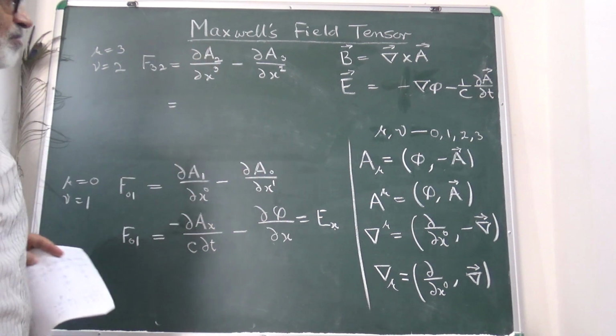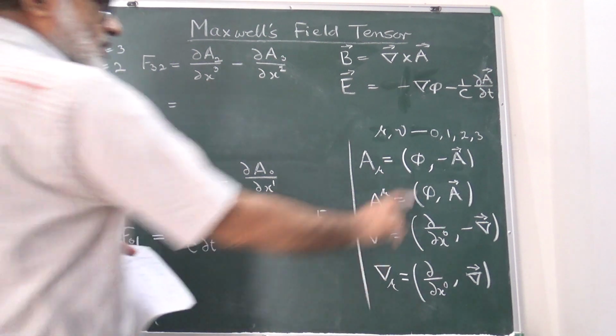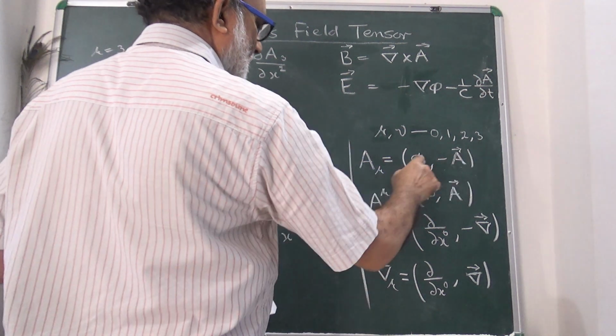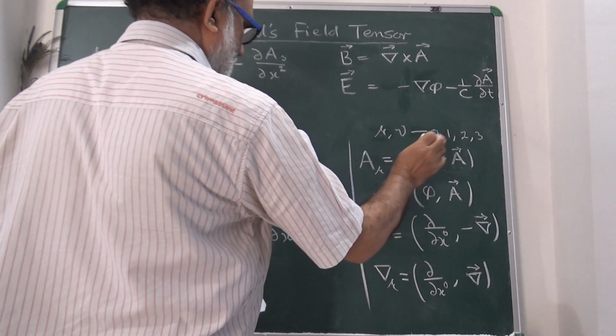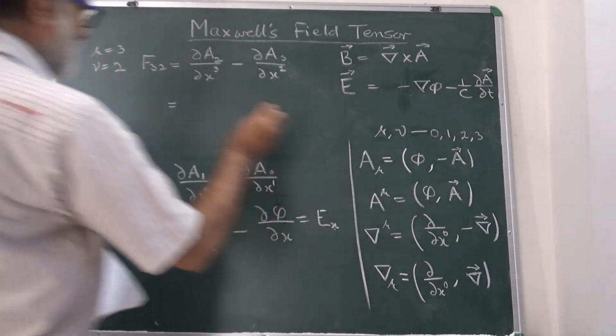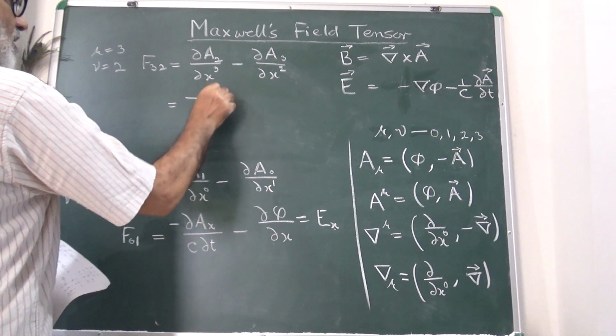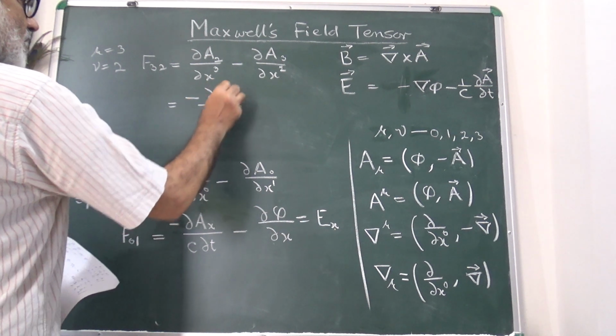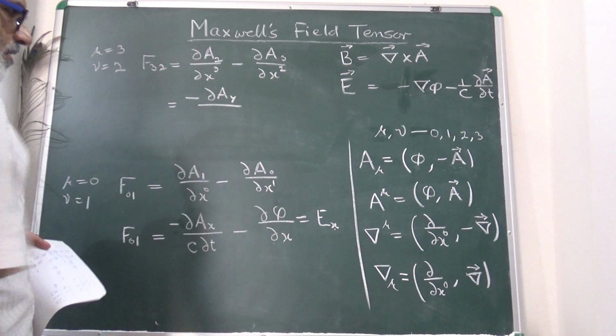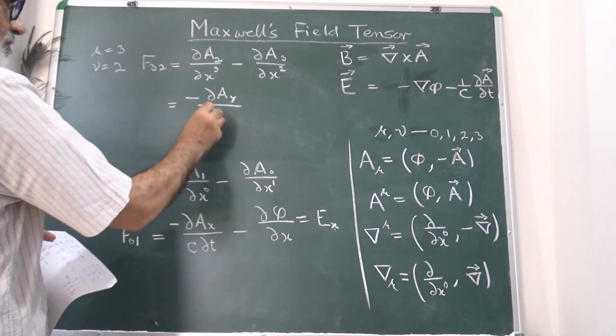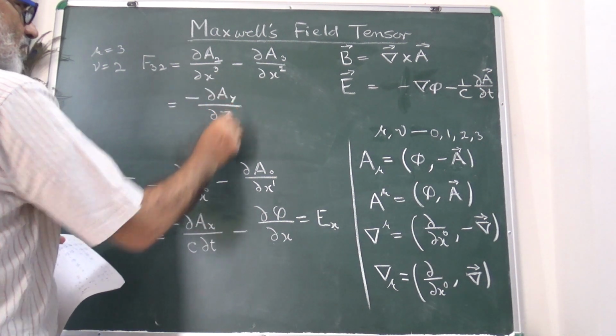A2 is the y component. This is A1, A2, A3, and A0 is the time component, this is phi. So A2 means del A_y, and del by del x3 means the z component, del by del z.